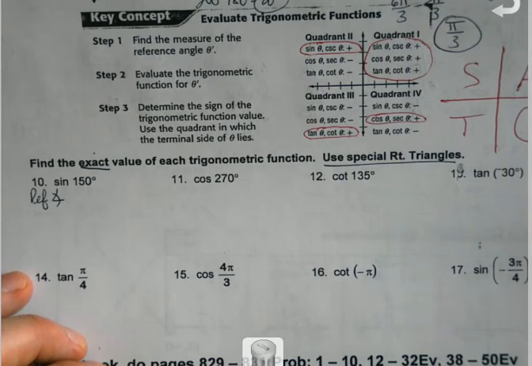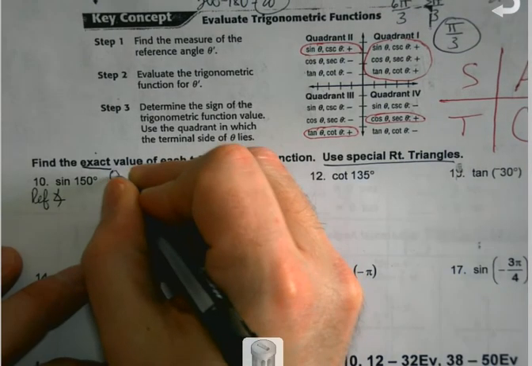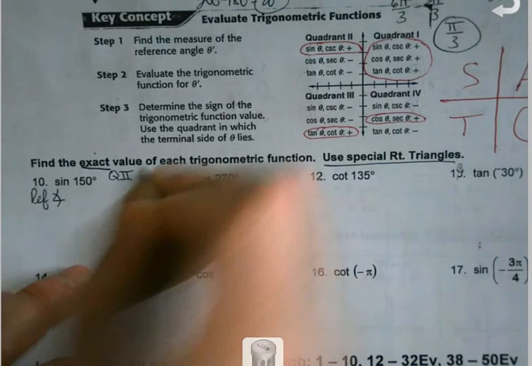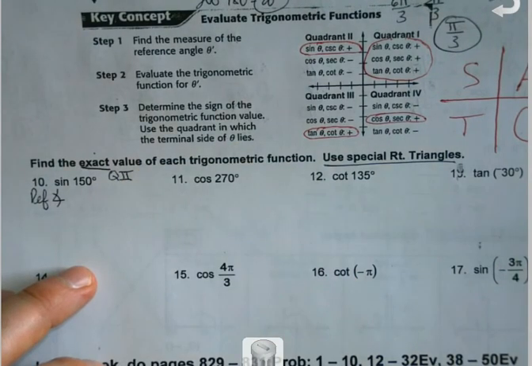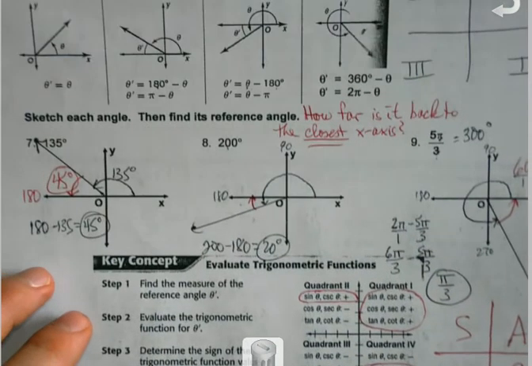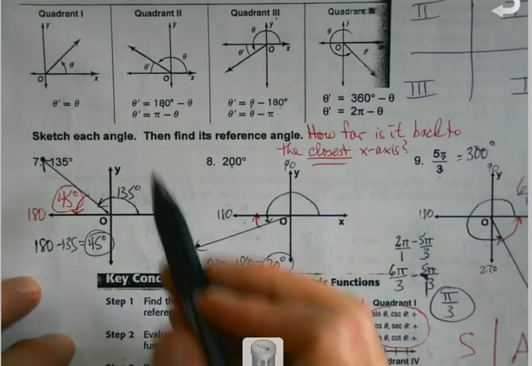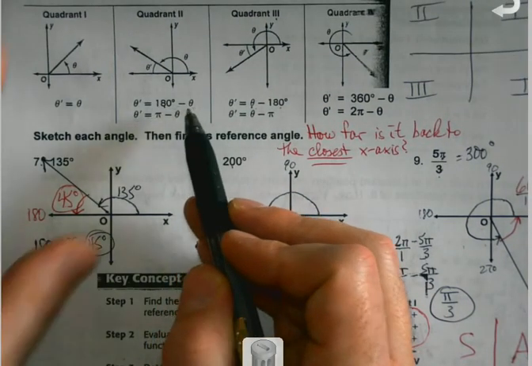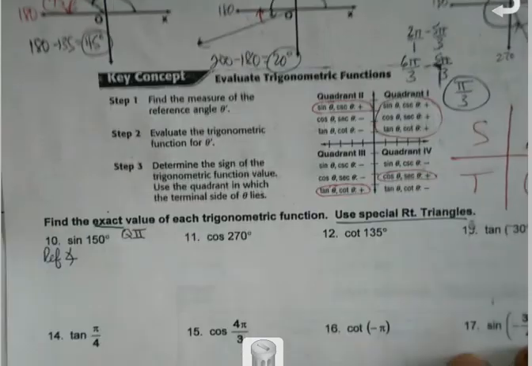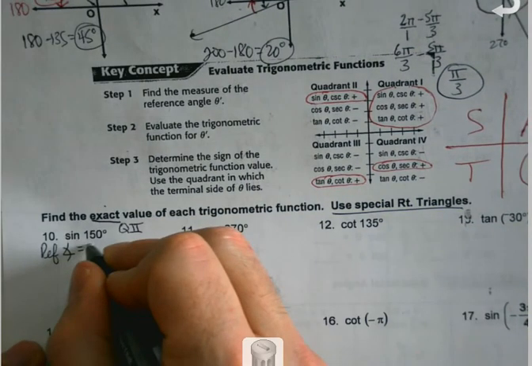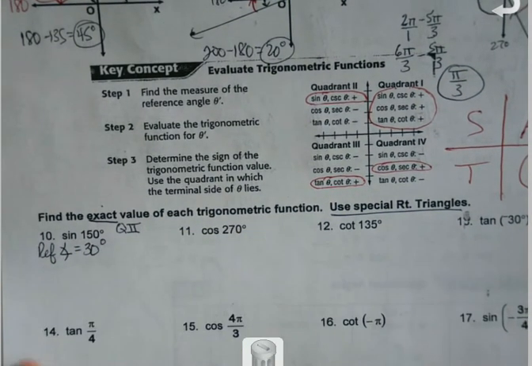30, because I know that 150 is going to be in quadrant 2. And if I'm in quadrant 2, it's going to be 180 minus my angle measure. So 180 minus 150 means my reference angle is 30 degrees.